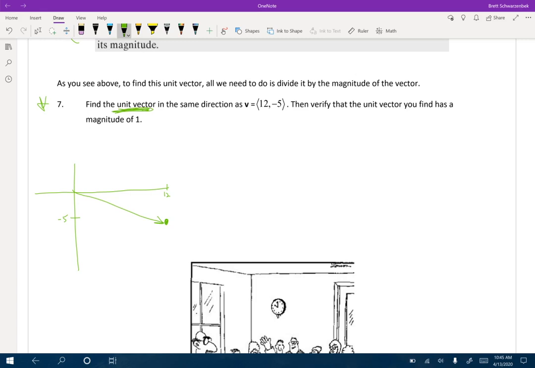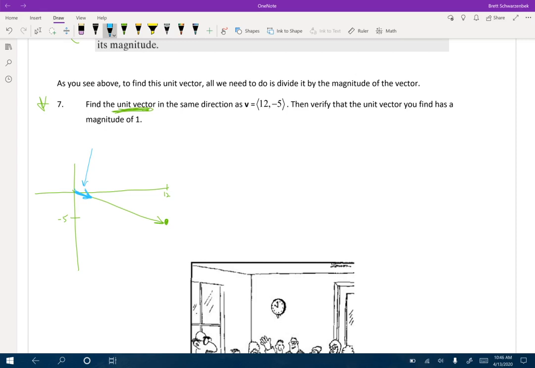So what are we trying to find in this problem? We're trying to find the unit vector, the actual vector with a length of 1 that is in the same direction. This is just an estimate, obviously, but we're trying to find that vector right there, the unit vector, length of 1, in the same direction as our bigger vector.